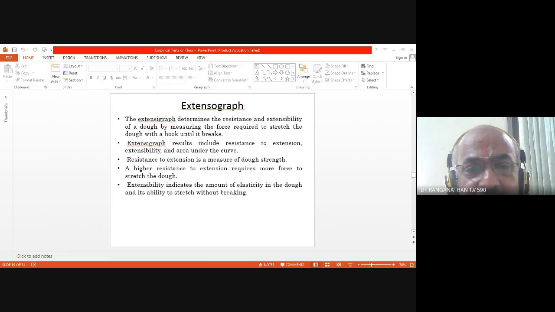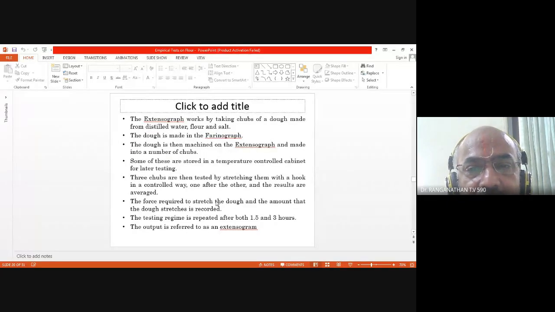Here it is the repeated disturbances and the ability to manage it is what is given in this case. So resistance to extension is a measure of the dough strength. The higher resistance to extension requires more force to stretch the dough, and extensibility indicates the amount of elasticity of the dough. Fine. So extensograph works by taking, okay, I think this we have already seen.